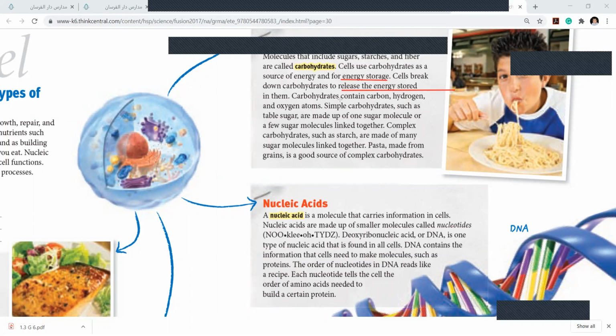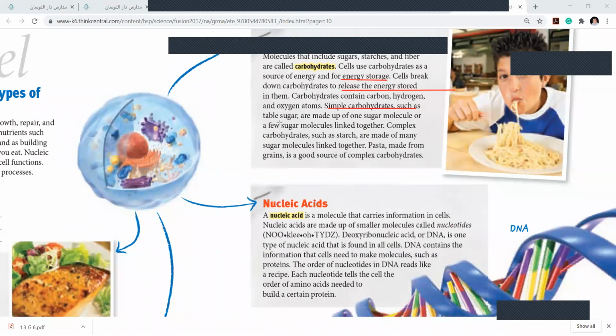Now, what is the chemistry of carbohydrates? What does carbohydrate have inside? Carbohydrate is made up of carbon, oxygen, and hydrogen. I will underline it for you.